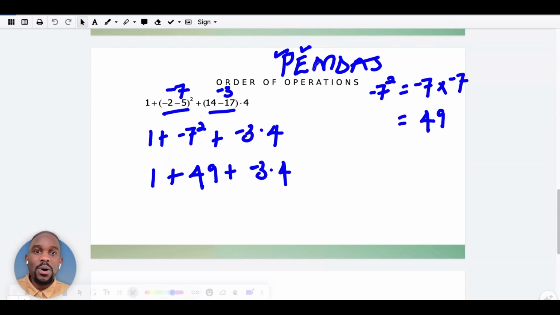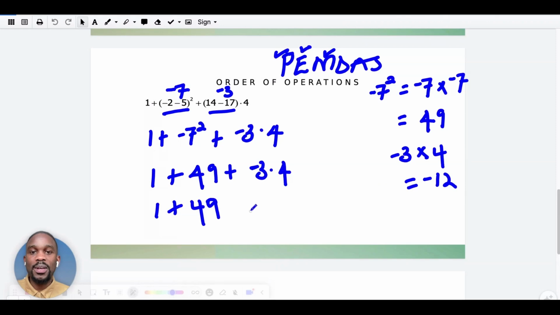We're done with that. So going back to PEMDAS, what's the next operation you need to deal with? Multiplication. It's asking you, do you have any multiplication? If you do, that's the next operation you should deal with. So I'll rewrite this as 1 plus 49, and negative 3 times 4 is negative 12.